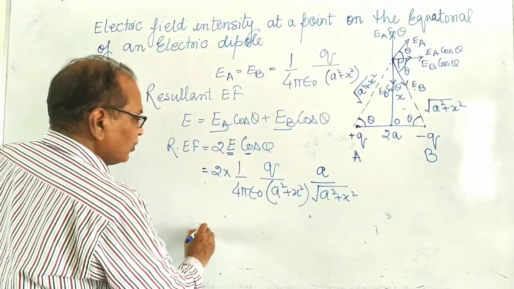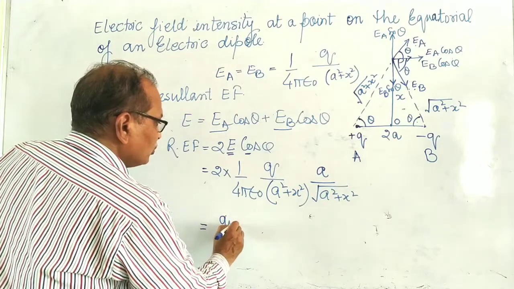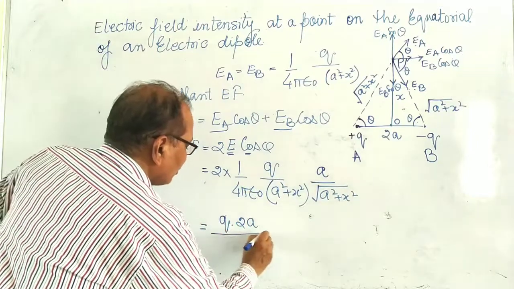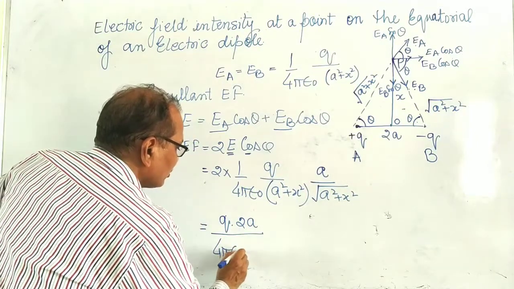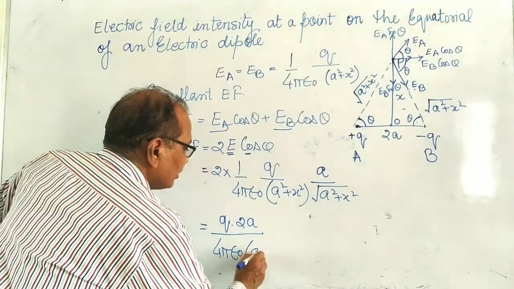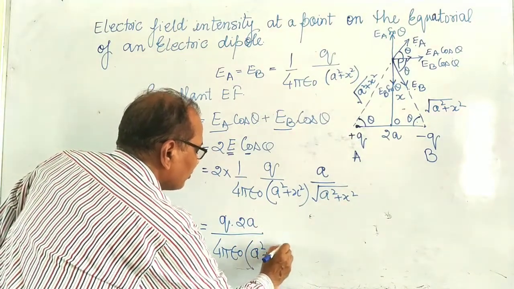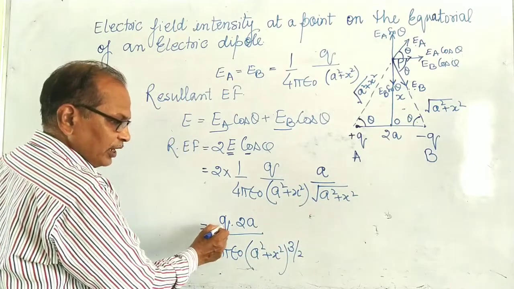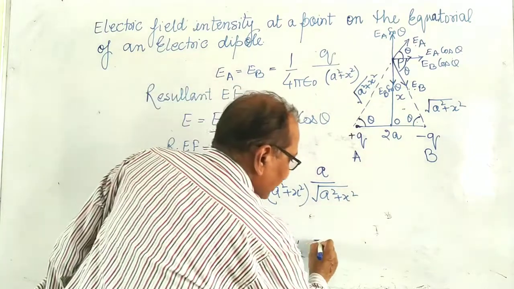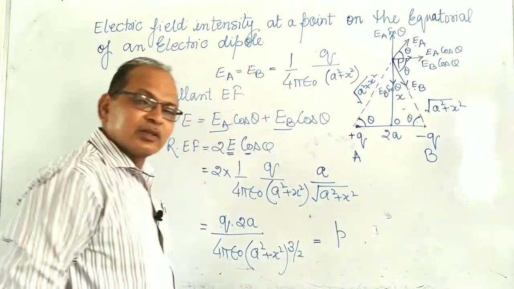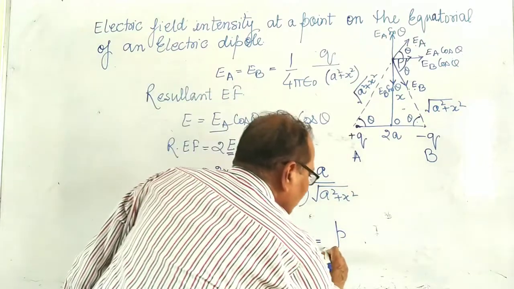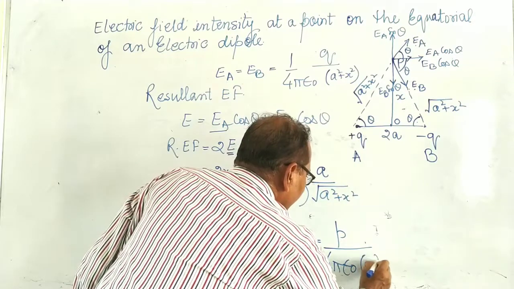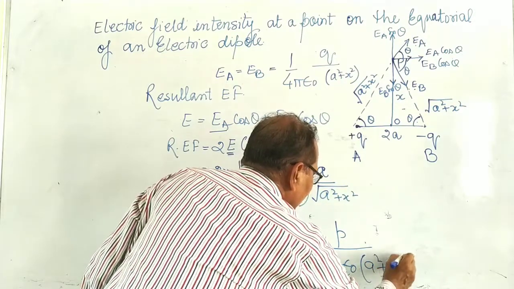So this will be q into 2a upon 4 pi epsilon naught, a square plus x square power 3 by 2. And the product of charge and the distance can be written as P, that is the dipole moment, upon 4 pi epsilon naught, a square plus x square power 3 by 2.